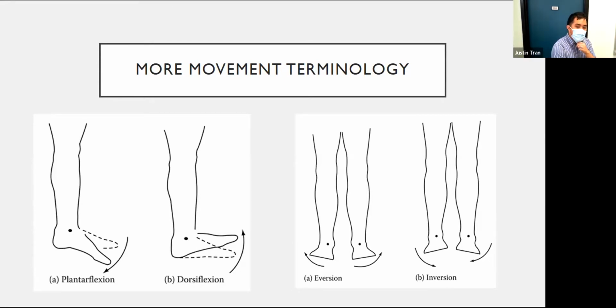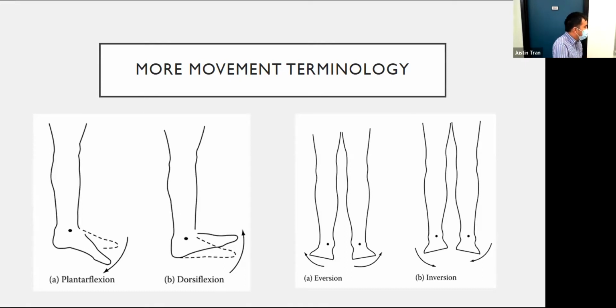The next two foot motion terms that we'll talk about are plantar flexion and dorsiflexion. Plantar flexion is when you flex your toes downwards to plant them into the ground. That's how I remember plantar flexion. Whenever you take a step off that foot, you're planting that foot into the ground and driving your toes downward, which gives you that motion to go forward. Dorsiflexion is the opposite of that.